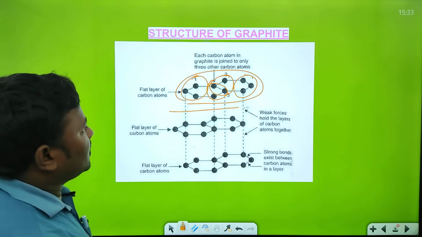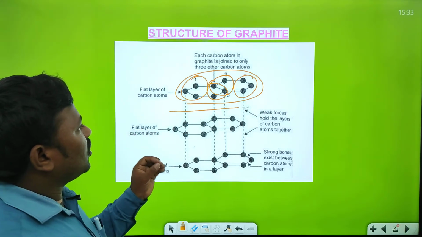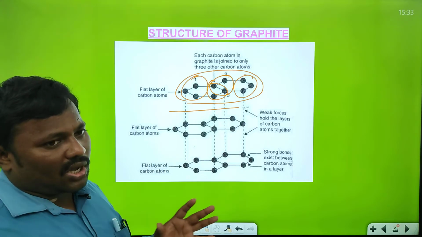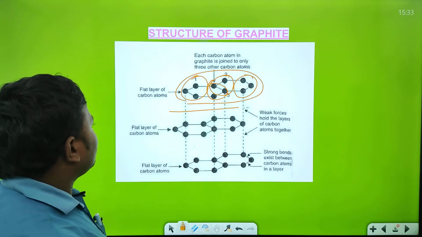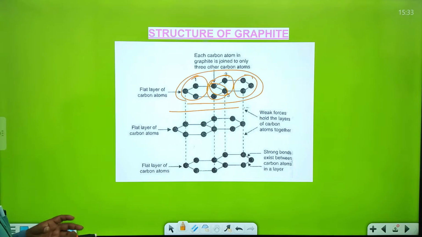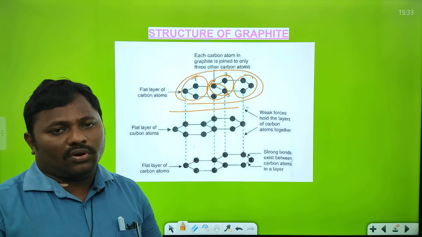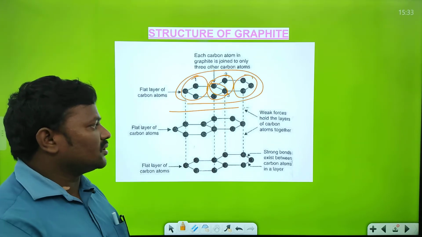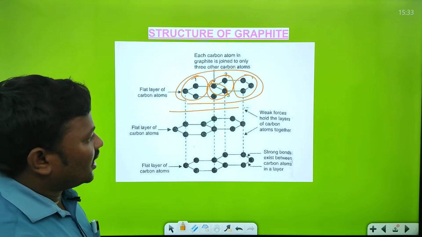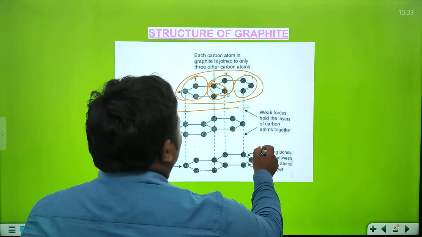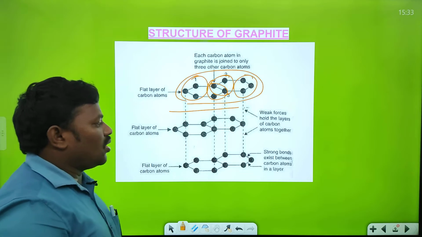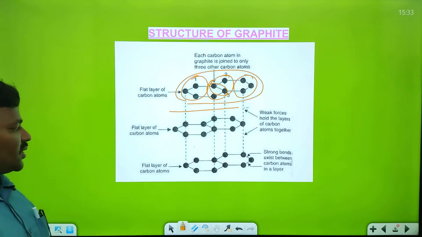Each carbon atom in graphite is joined with only 3 other carbon atoms, and at the same time flat layers of carbon atoms indicate the very thin layers, and weak van der Waals forces of attraction hold the layers of carbon. These strong bonds exist between carbon and carbon within a layer.